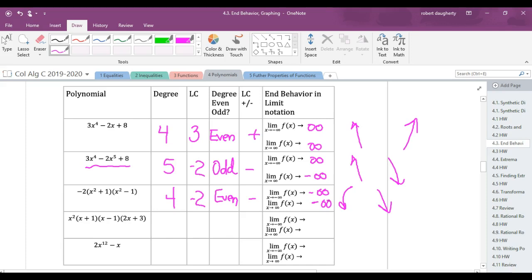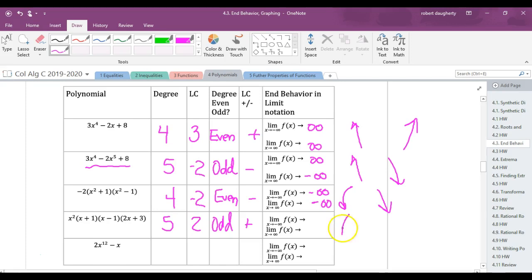What's the degree of the next one? 5. What is the leading coefficient? 2. So this is an odd degree with a positive leading coefficient. What does that one look like? What is odd with a positive coefficient going to look like? It's going to look like which function we know? X cubed, okay?